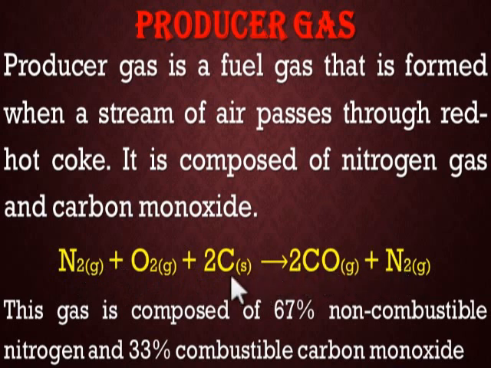The nature of the reaction is that the oxygen of the air will oxidize the carbon to give you carbon monoxide, while the nitrogen gas remains unreacted, and then it's deposited here as nitrogen gas. So the passage of a stream of air over red hot coke gives you carbon monoxide and nitrogen gas, which are the constituents of producer gas.